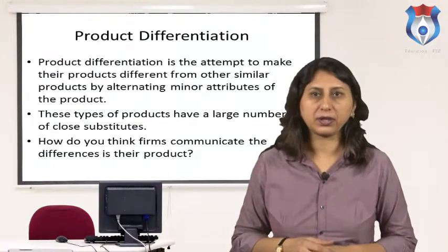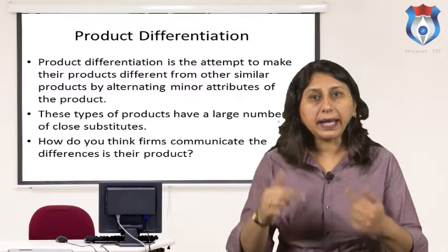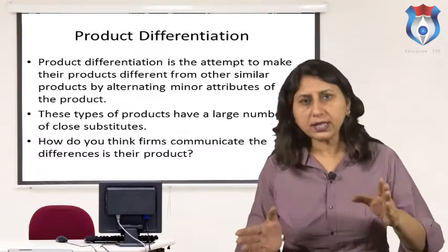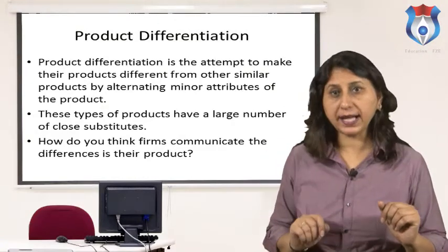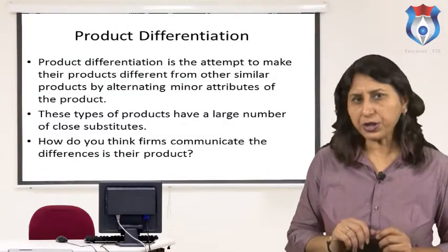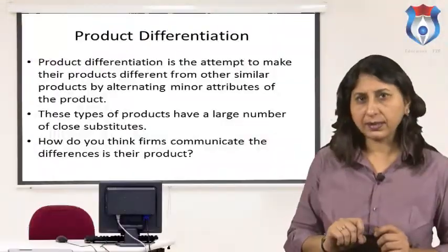Product differentiation. Product differentiation is the attempt to make their products different from other similar products by altering minor attributes of the product. These types of products have a large number of close substitutes. How do you think firms communicate the differences in their products?